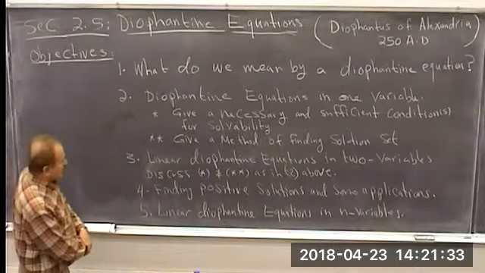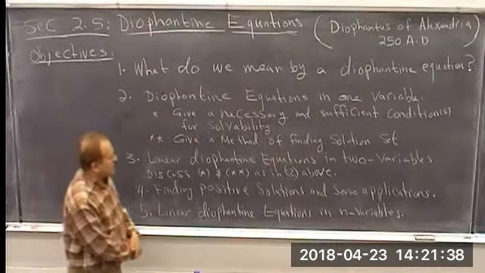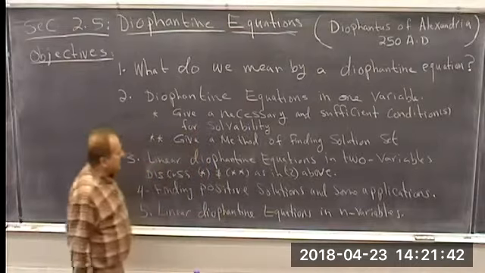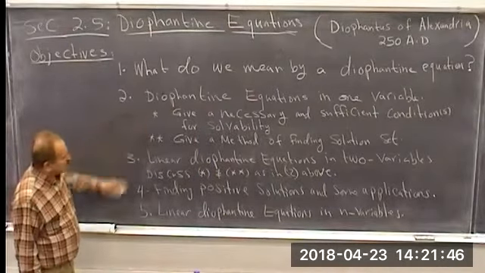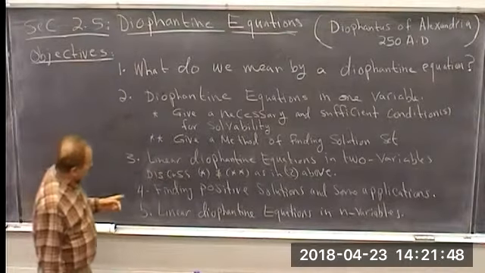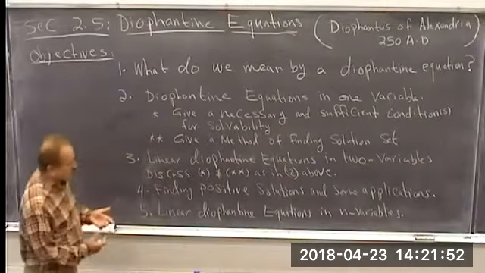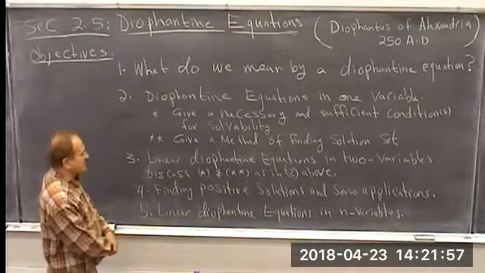Then we're going to move into a linear Diophantine equation in two variables, all right? And again, we're going to be discussing the same issues as in part 2. Then we're going to look at positive solutions, which we need to define, of course, and look at some applications.